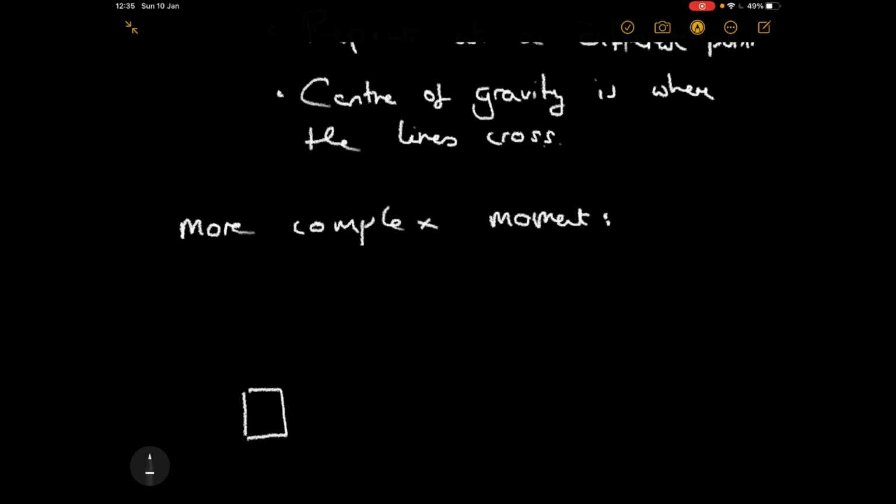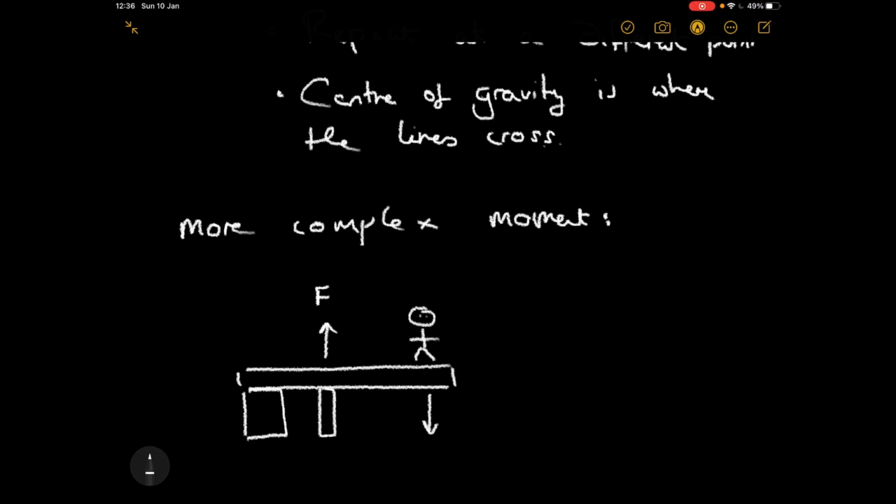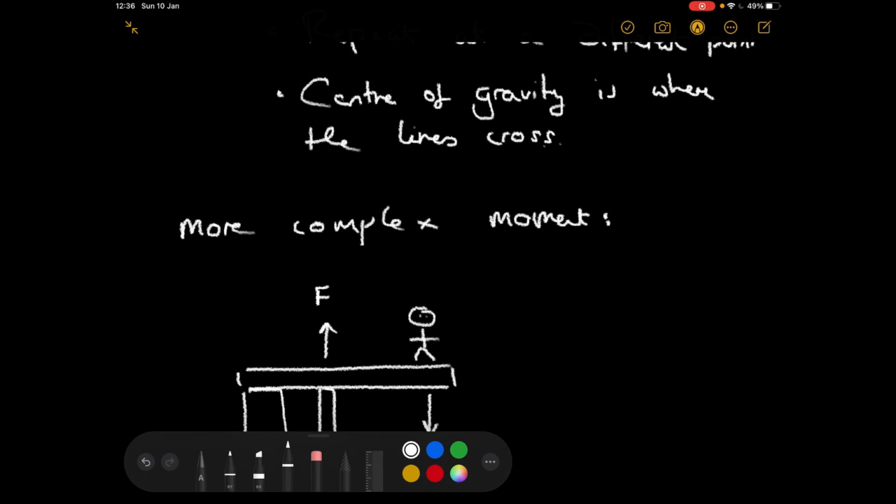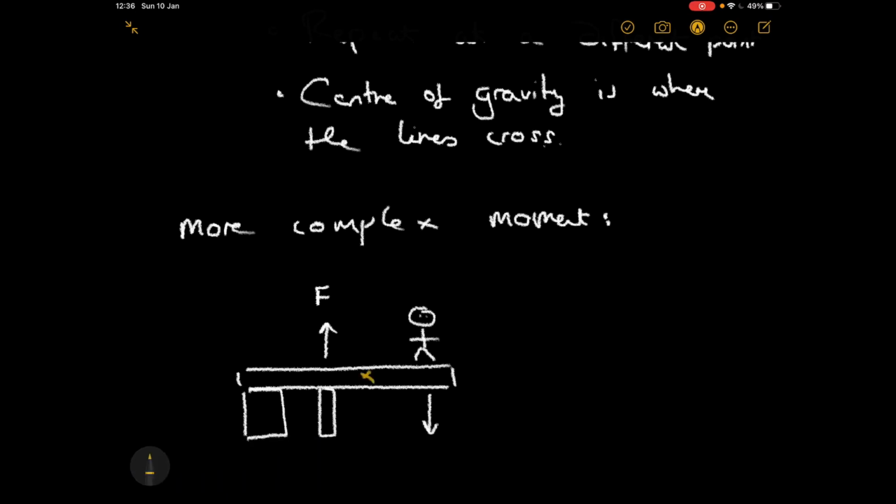So you might have an example where you have, say, a diving board, and you've got a person who's there. You've got a force that's keeping the diving board up. You've got the force of the person.